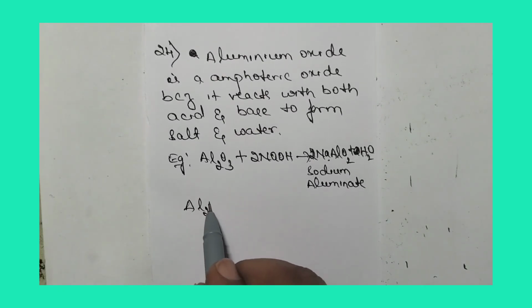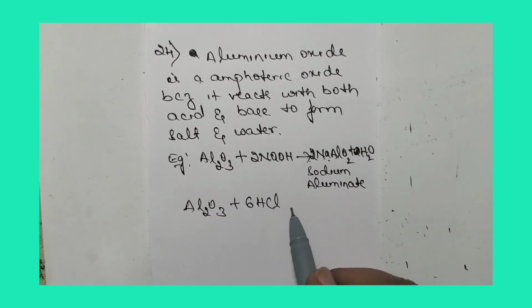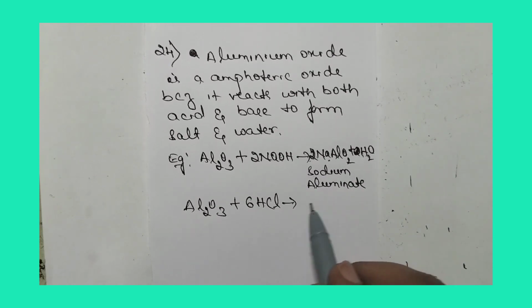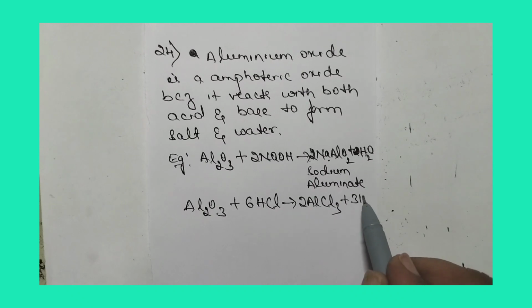Again, the same aluminium oxide reacts with HCl, hydrochloric acid, to form 2AlCl3 plus 3H2O.